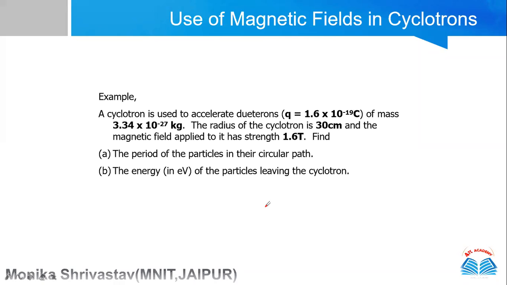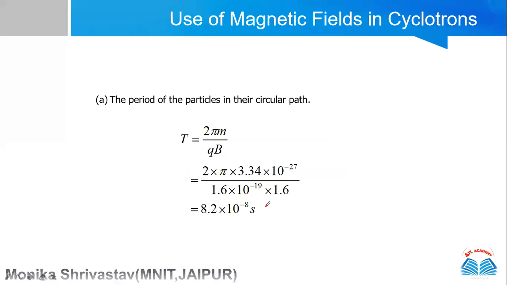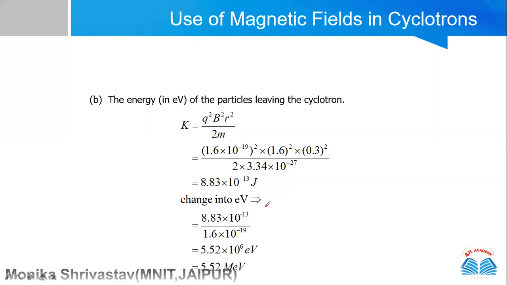So both the things you can calculate because you know the formulas. The period of the particles in their circular path will be T equals 2πm over qB. All these values are given in the question. And for the kinetic energy, the formula is K equals q squared B squared r squared over 2m, and all the things you know.